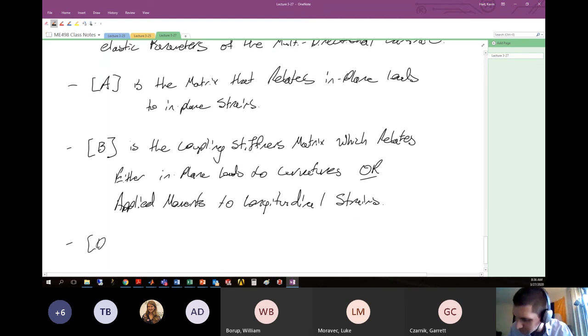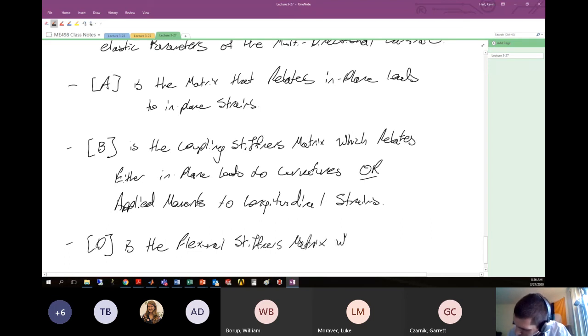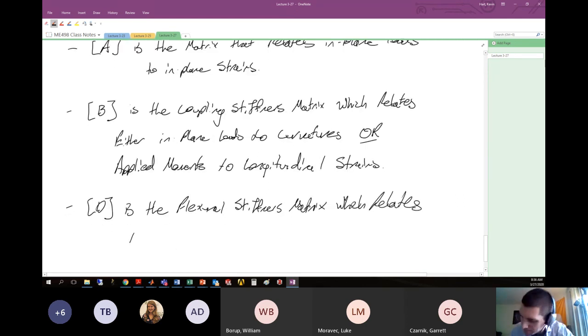Lastly, the D matrix. This is the flexural stiffness matrix, which relates the applied moments to curvatures, right?